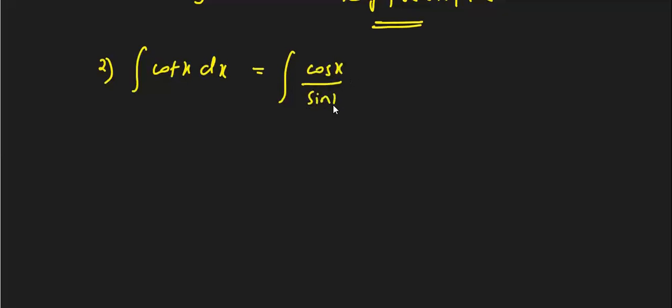Similarly, we can derive one more formula for integral cot x dx. Use the same process, write cot x as cos x by sin x dx. Use the substitution for the denominator, sin x, let it be t.